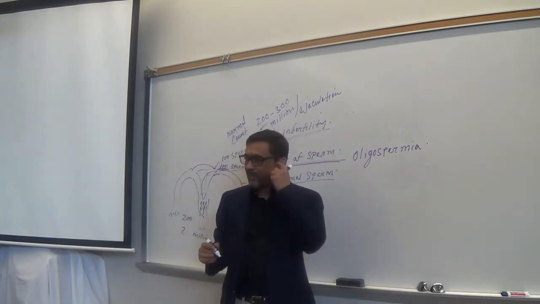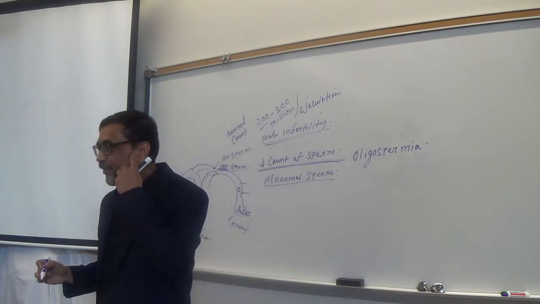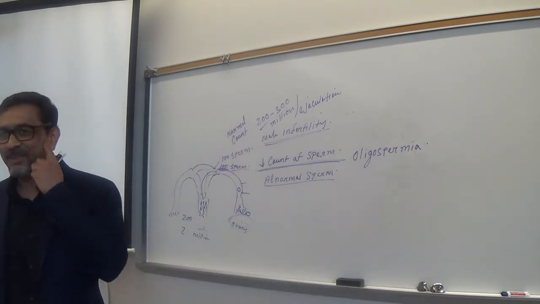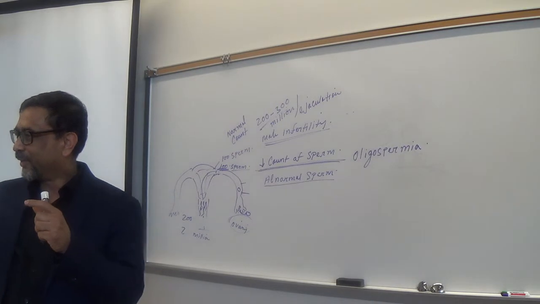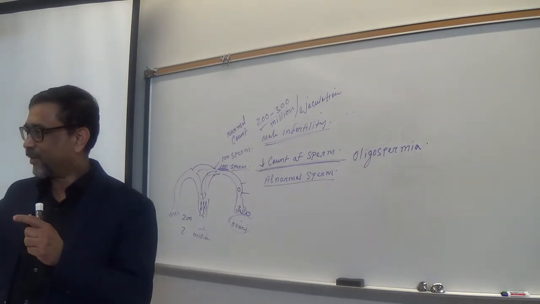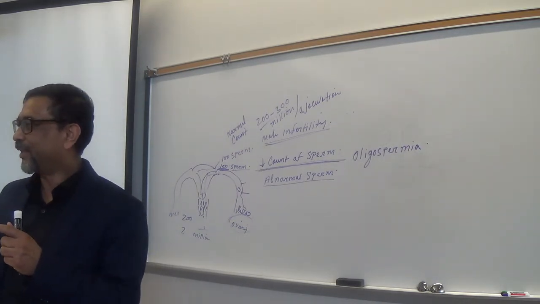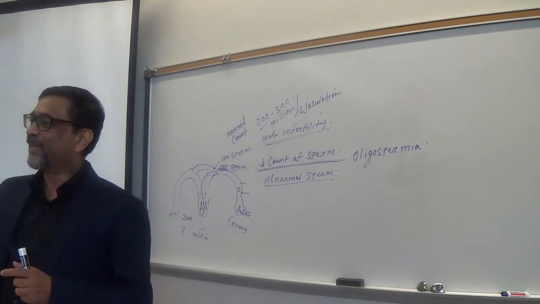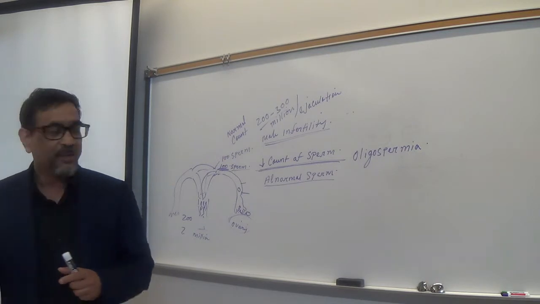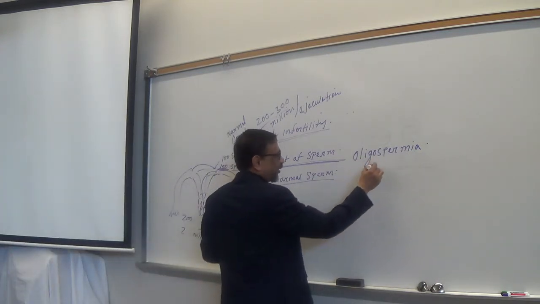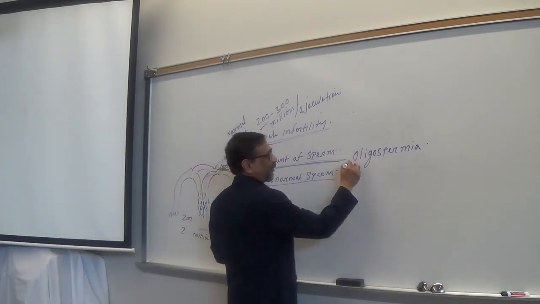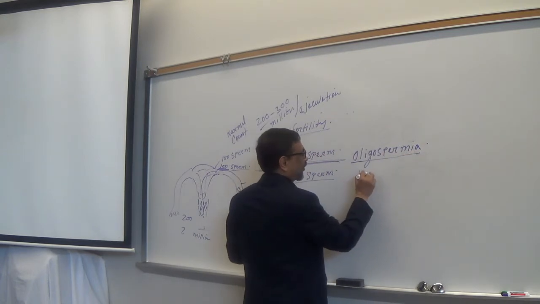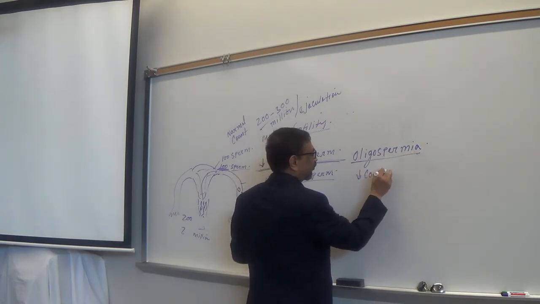Oligo. Have you heard this before? Oliguria. If the volume of urine is low or more? Low, right? That is called oliguria. Remember that? So oligo indicates low. So oligospermia is the condition where the count of sperm is very low.